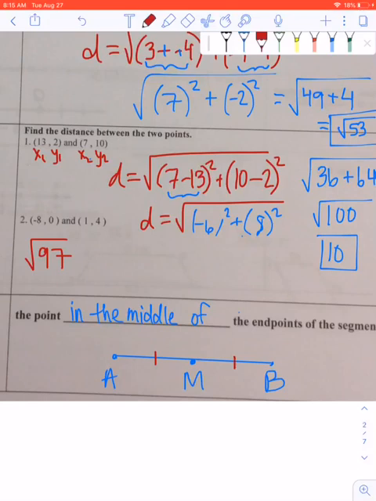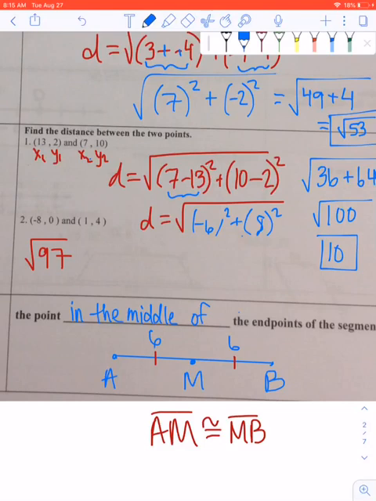AM would be congruent to MB because M is the midpoint. So each side is the same length. So let's say AM was like, I don't know, 6. MB would also be a distance of 6 or a length of 6.